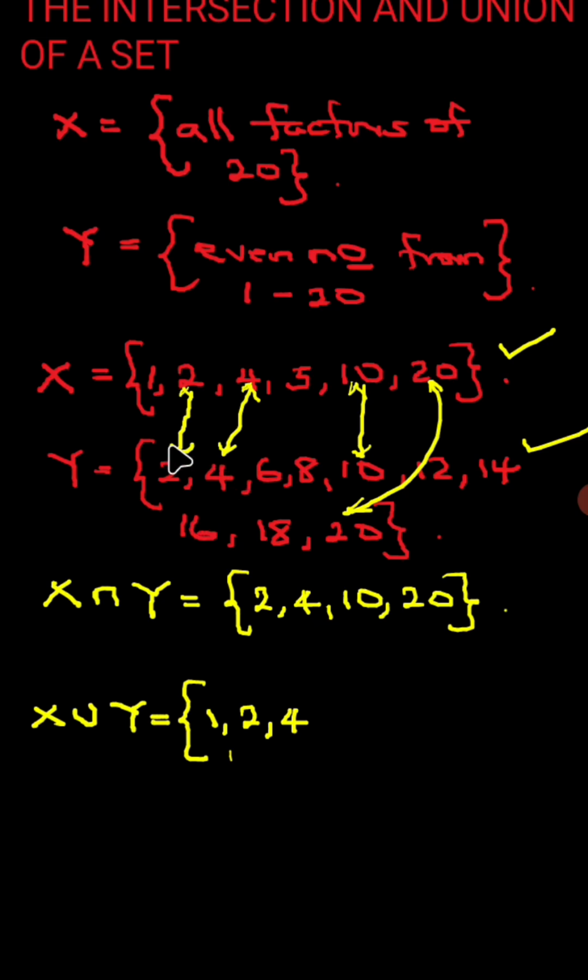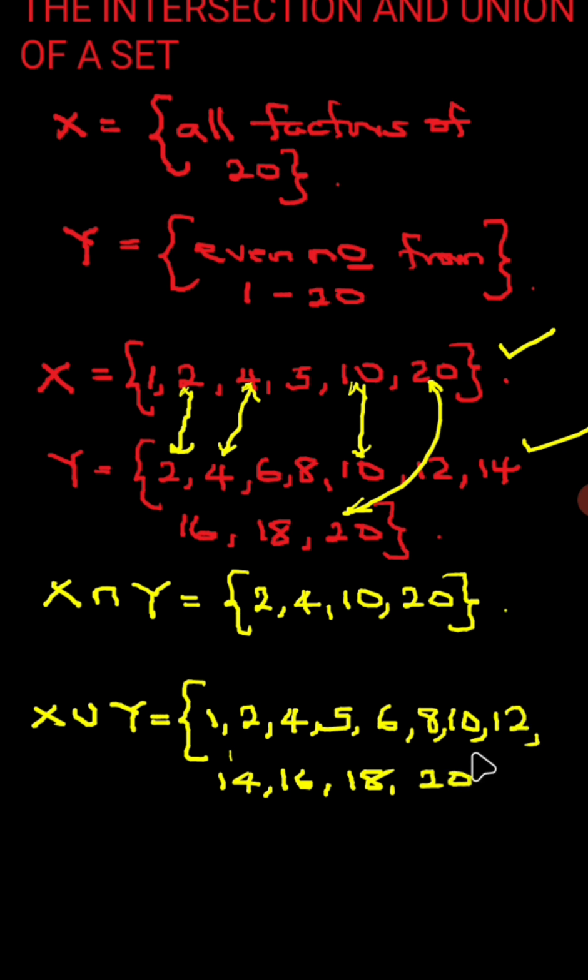So I have 1, 2, 4, then followed by 5 from set X, then 6 from set Y, then 8 from set Y, then 10 from set X, then 12 from set Y, then 14 from set Y, then 16 from set Y, 18, then 20. So this is the union of set X and Y, and this is the intersection of both sets.